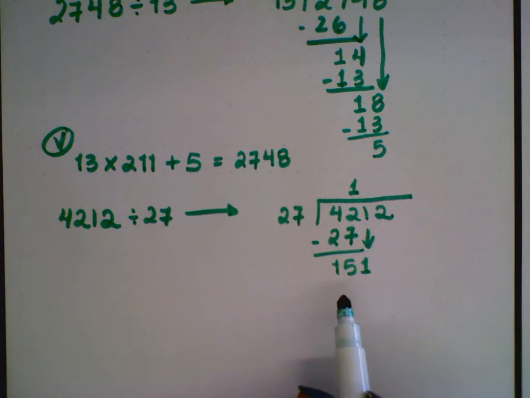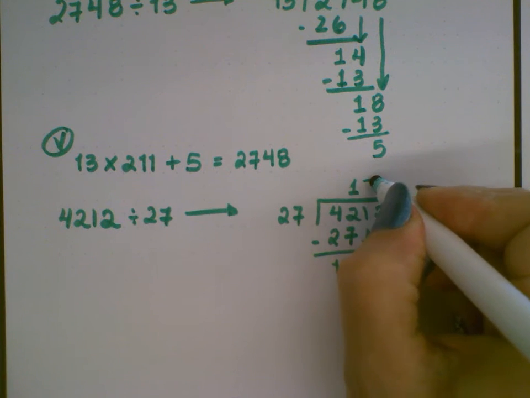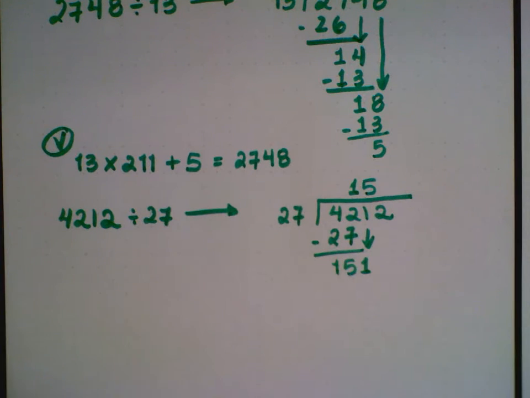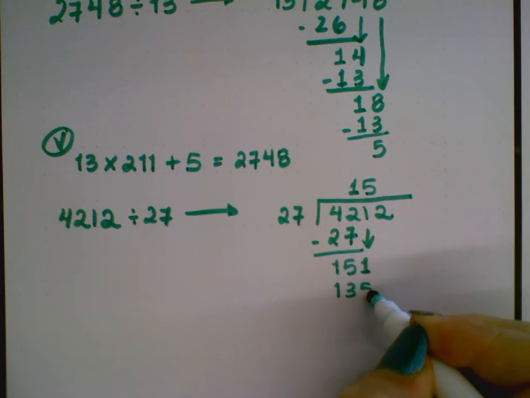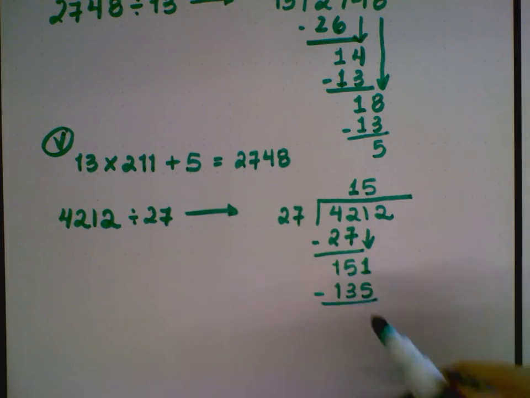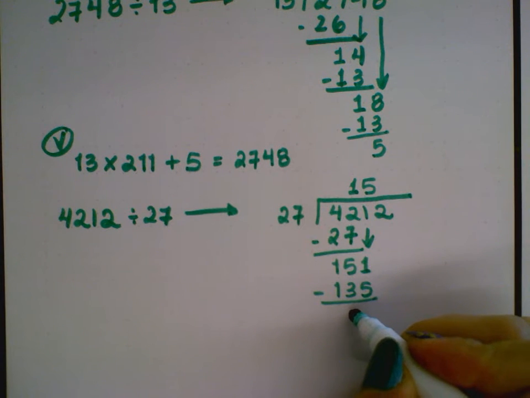27 into 151. I can verify with my calculator if I'm not certain, but that goes in 5 times. No, 135. Subtract that one, it is 16.